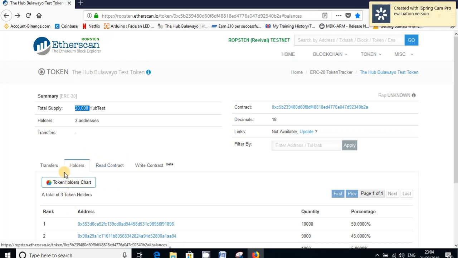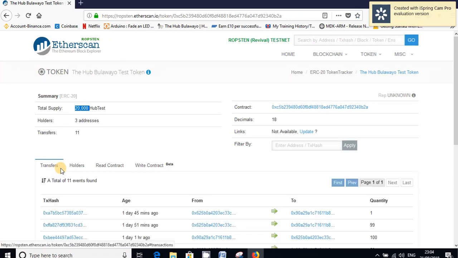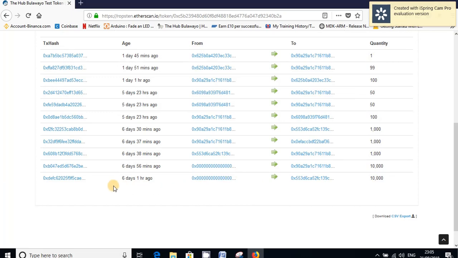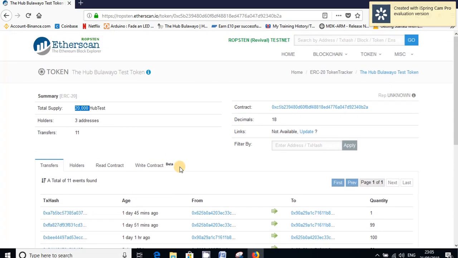There's this part called transfer, which tells you that, for example, 1 day and 45 minutes ago, tokens moved from this address to that address, and it was just one of them. And on that day, 51 minutes ago, 99 tokens were moved from this address to that address, as you can see. So you can actually trace each and every token on the blockchain.